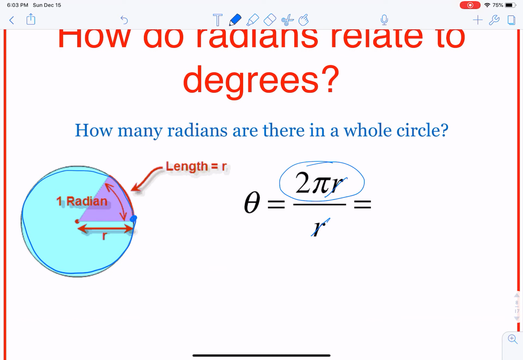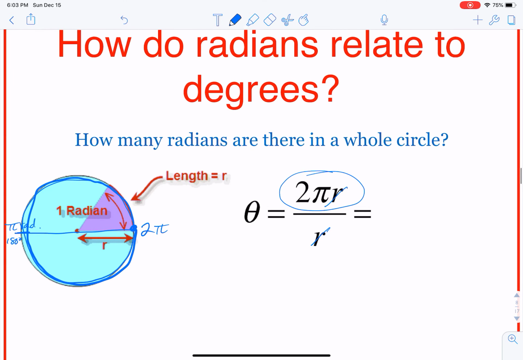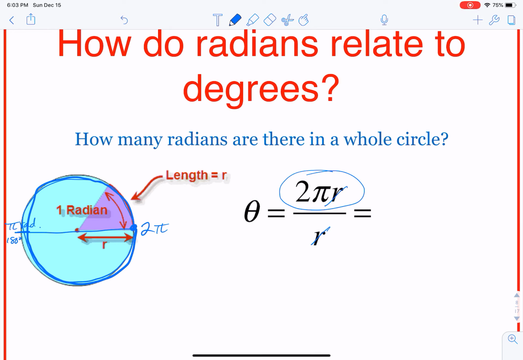So I can start here, come all the way around, and I'll end up at 2 pi radians, which means that half of my circle, or 180 degrees, is the same thing as pi radians. And when we work with radians, we will very often, and I think I'll go ahead and say always, work in terms of pi.